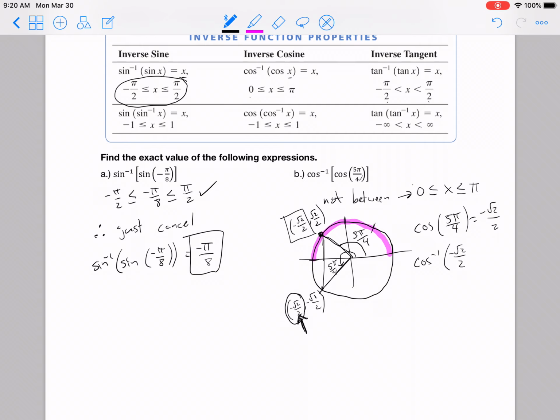It doesn't see the 5 pi over 4 ever. It's hidden from it. So it assumes that it's in this range here, the top half, and it gives you back the angle in that top half that also has negative square root of 2 over 2 as its answer, and that's 3 pi over 4. So watch that a few times.